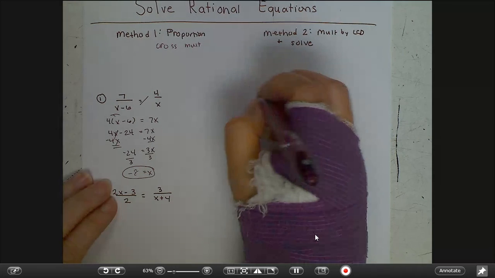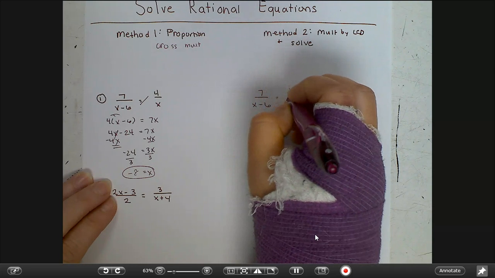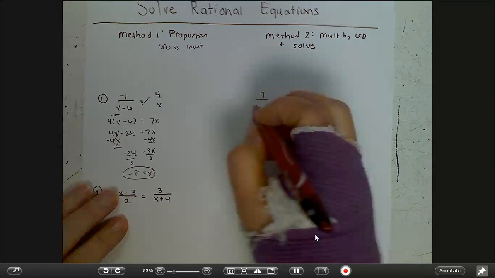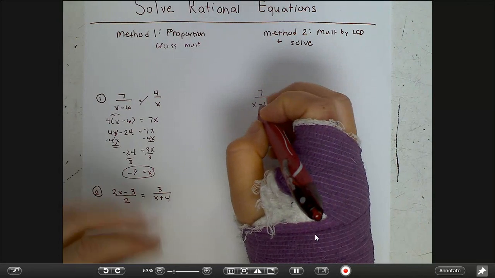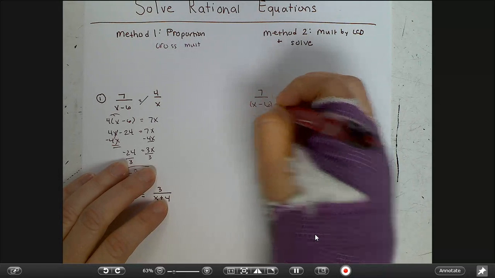We could also do it this way, which I'll show you. So you can kind of see how it works, where we would multiply both sides by the least common denominator. So basically, I'll show you how I do it.